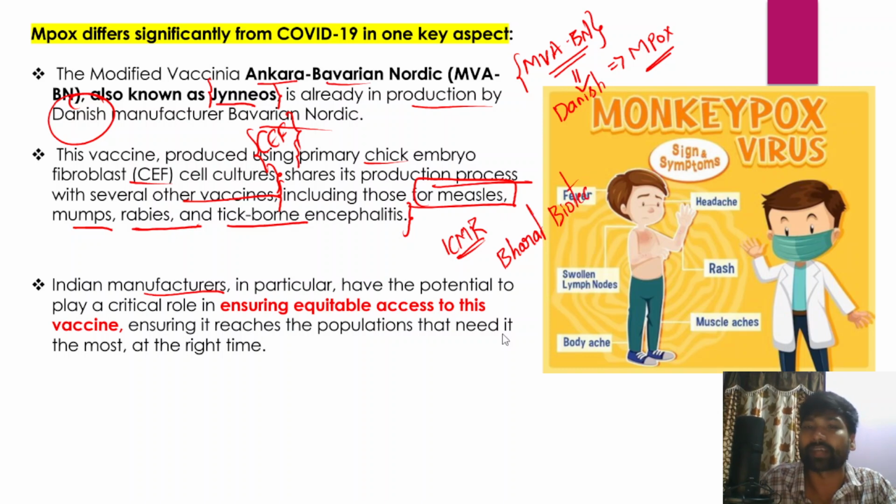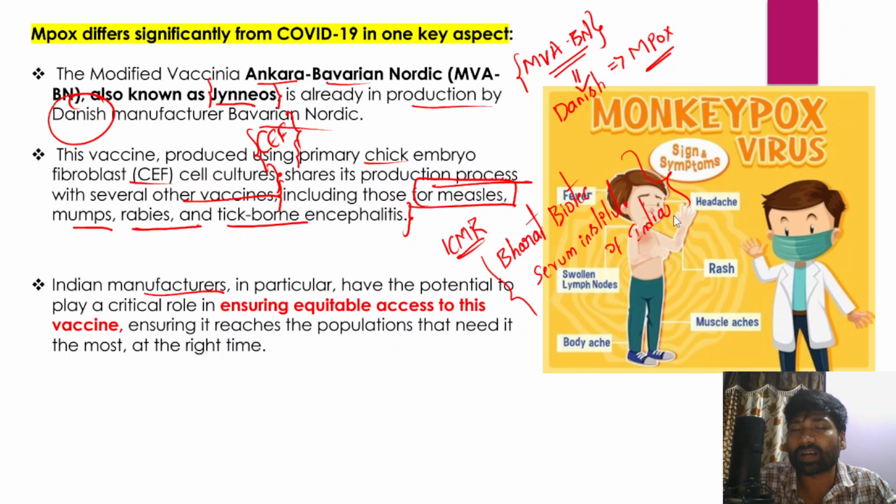And apart from that, the Serum Institute of India also plays a very important role in vaccine manufacturing. That's why we could say that India has strong vaccine manufacturing facilities, and Indian manufacturers have the potential to play a very critical role in ensuring equitable access to the MVA-BN vaccine.